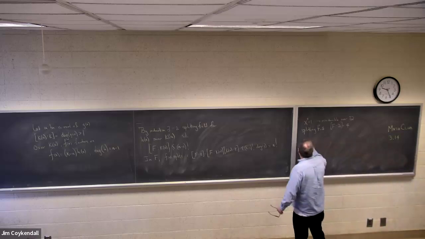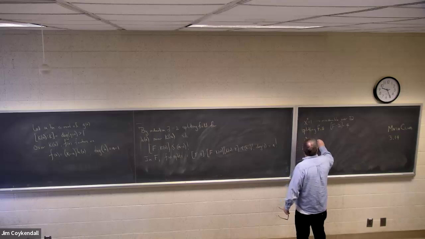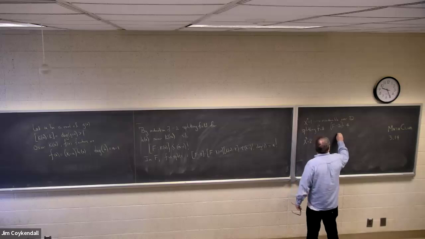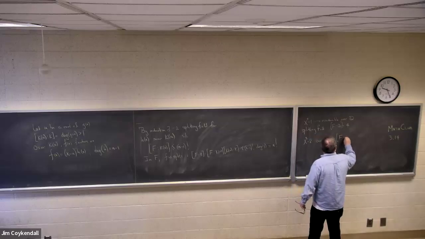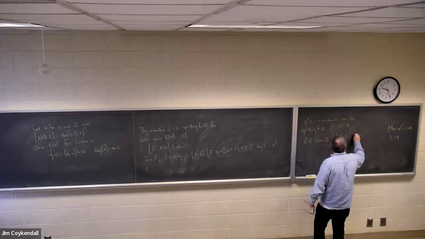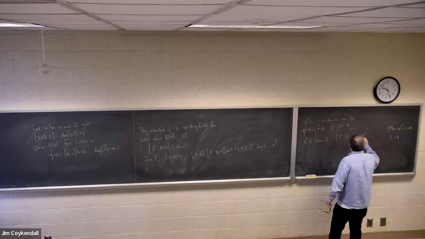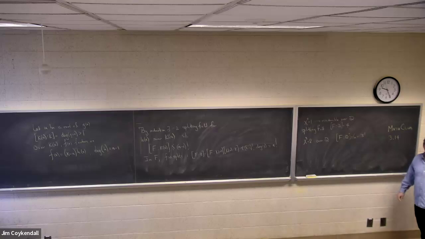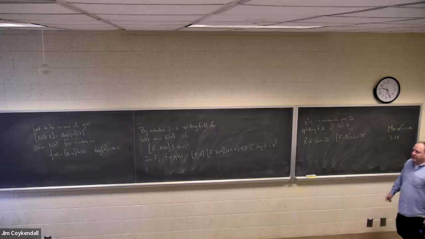If you look at x cubed minus 2 over Q, the splitting field here, adjoining the cube root wasn't good enough. You had to do more stuff.